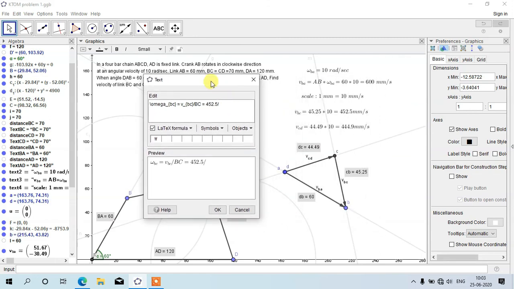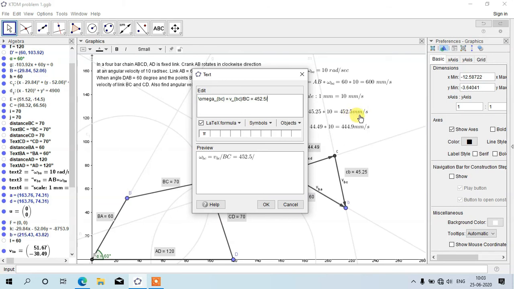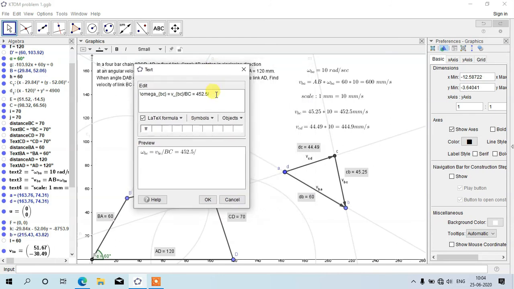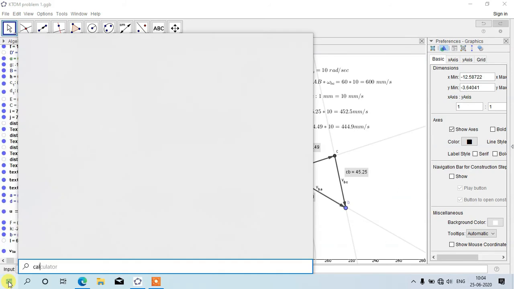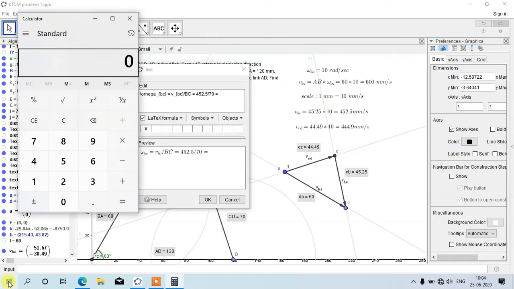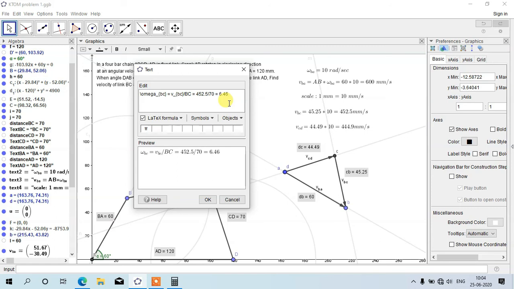Keep in mind this is mm per second and this is in mm, so mm per second divided by mm will give us radian per second. 452.5 divided by 70 is equal to 6.46 radian per second.